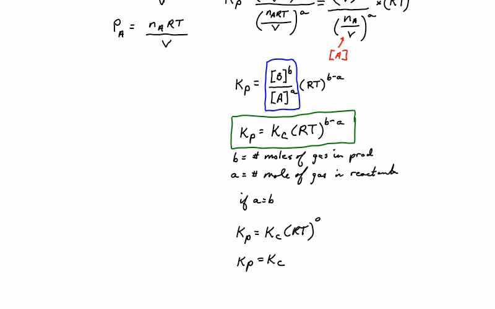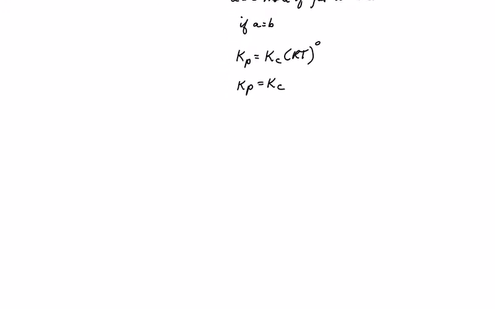Another interesting relationship. But notice that in order for this equation to work, everything had to be in the gas phase. And that's actually a very special set of conditions.